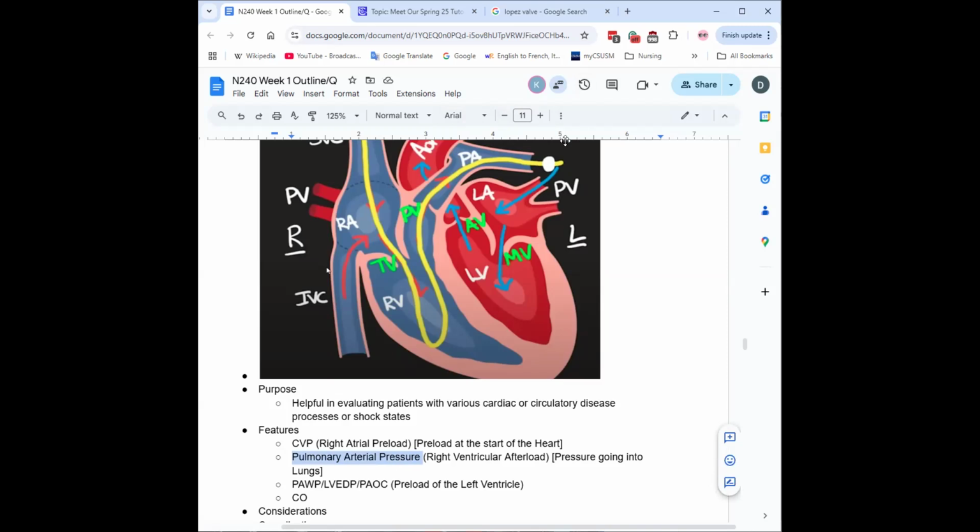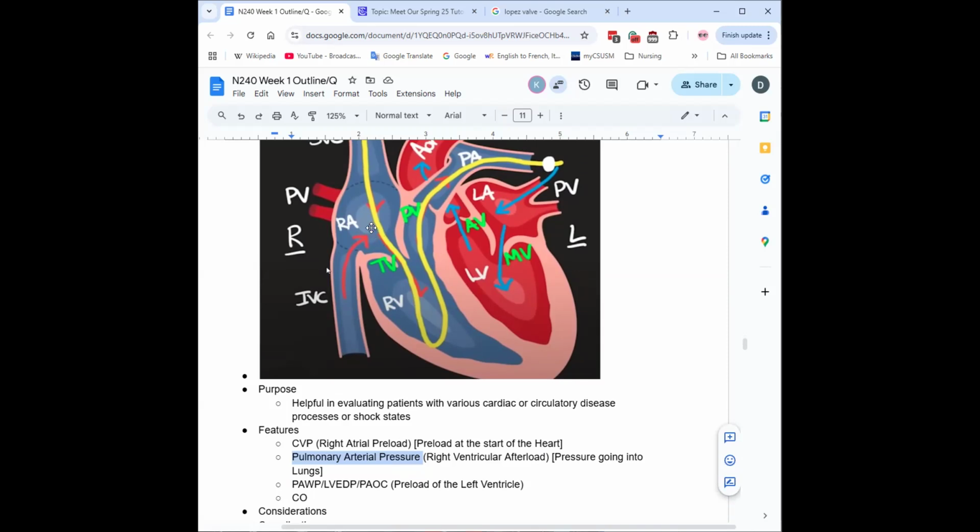Even though we associate left-sided heart failure with pulmonary edema, it's a common mistake people make to associate pulmonary hypertension with left-sided heart failure, but it actually is associated with right-sided heart failure, hence why right-sided heart failure is also called cor pulmonale.